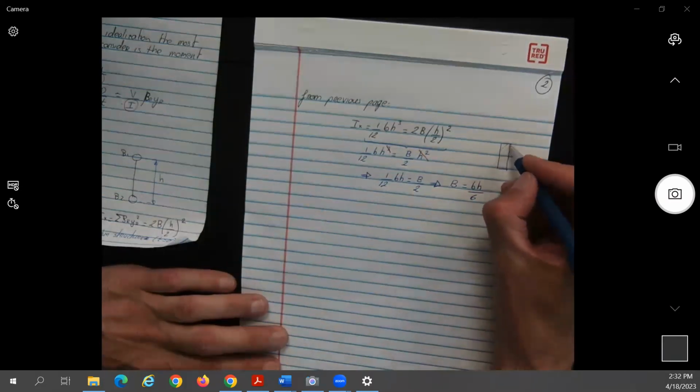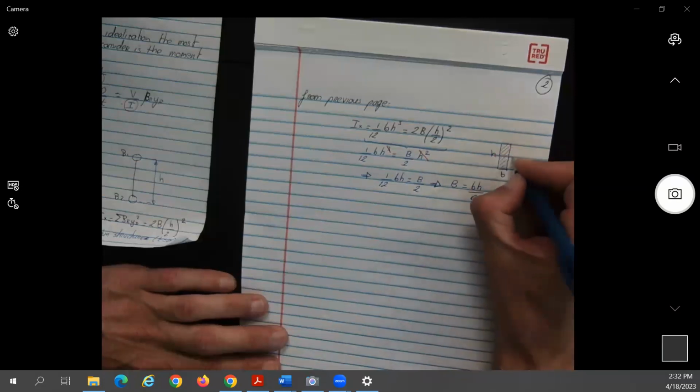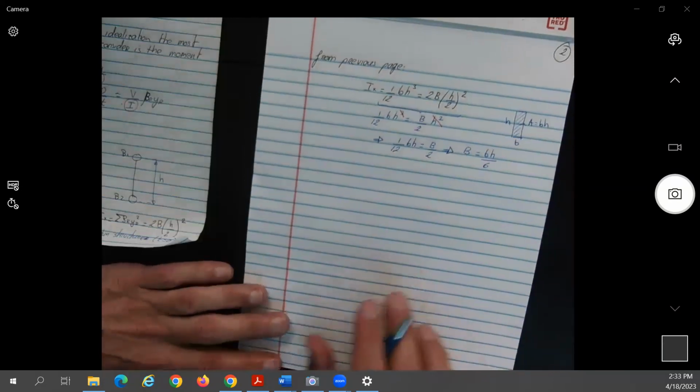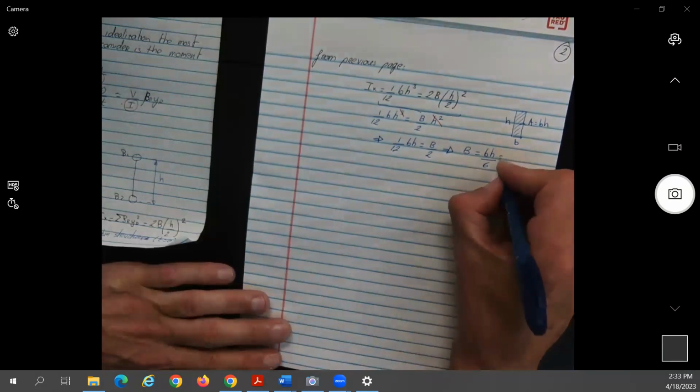Generally, I leave it this way, but some books use this notation. What is really b h? It is the area of the panel, no? Generally, I like to leave it that way, but some books like to present it this way.